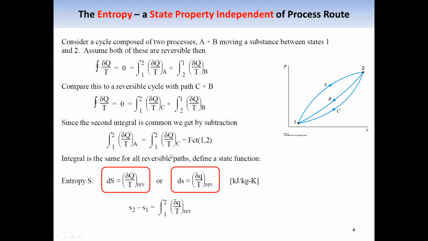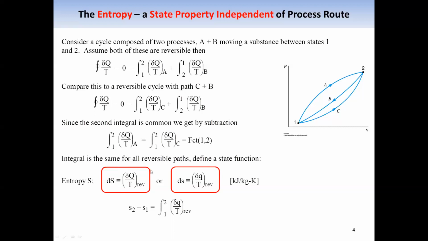They are identical quantities, so it doesn't depend on the path. So this dq over T is a state function. This is the major conclusion.